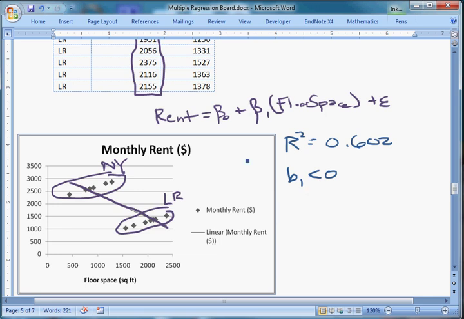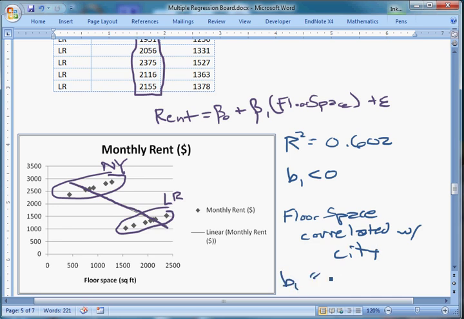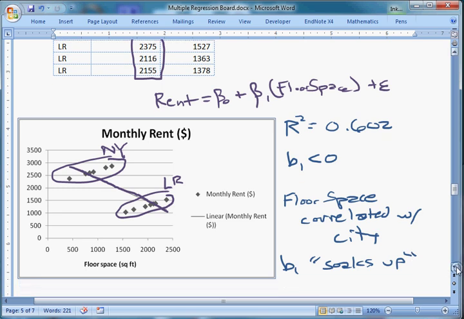So what's going on here? Well, the problem is that we have floor space correlated with city, right? Little Rock has bigger apartments, and that means that our estimate B1 soaks up the effect of the omitted variable, city.